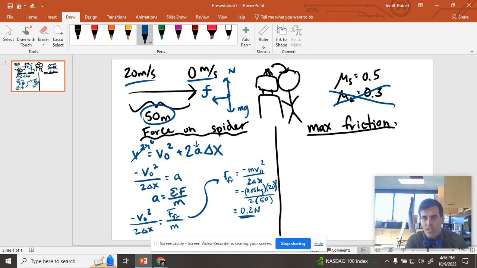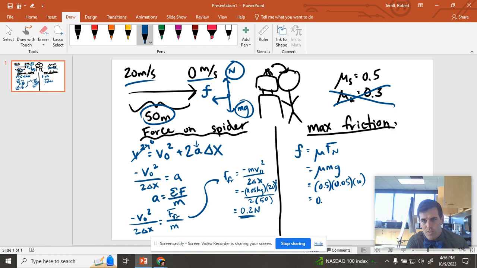So to figure out how much friction there actually is, this is pretty easy. We can just say the force of friction is equal to mu times normal force. And because it's in vertical equilibrium, it's not moving up or down, that means normal force equals the force of gravity. So then I can just plug in 0.5 times 0.05 times 10, and that works out to be a total of 0.25 newtons.